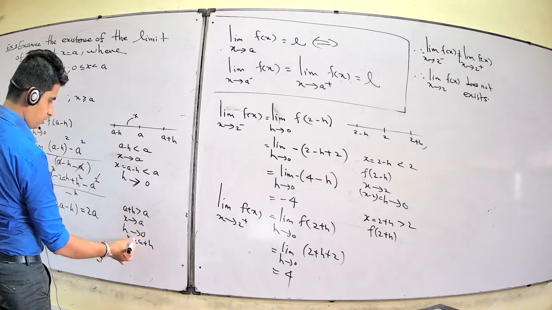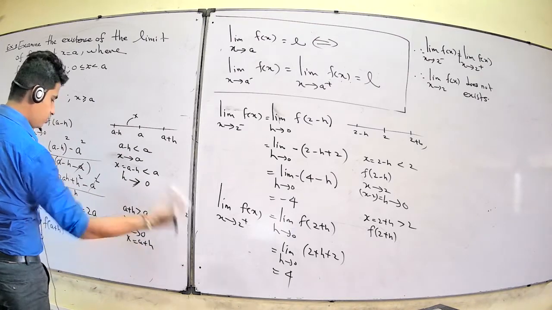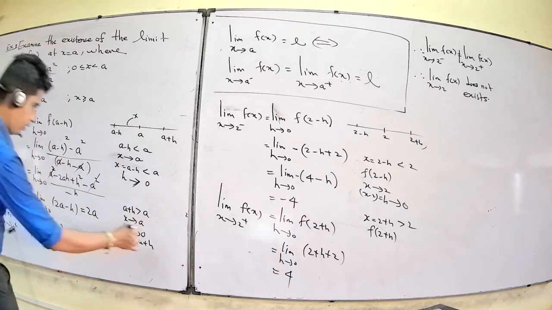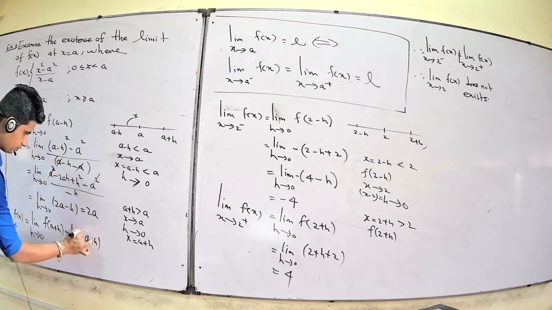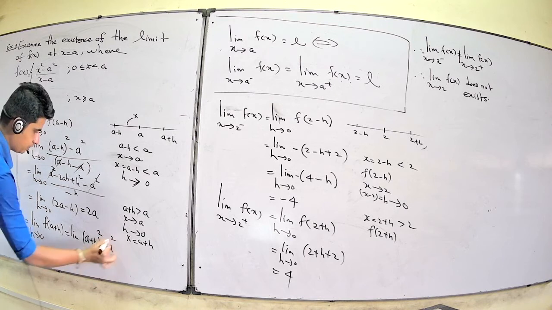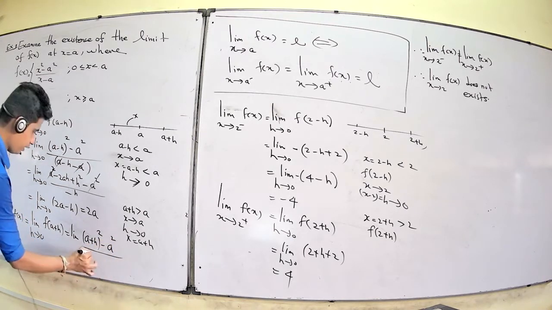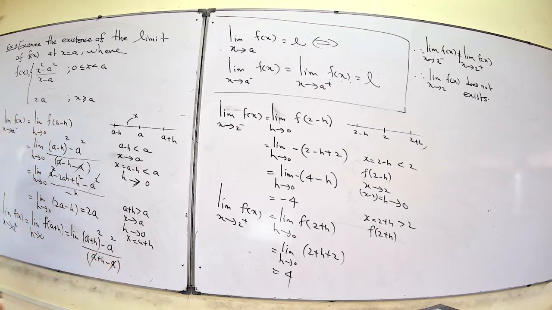Take the limit on both sides: a is cancelled and you get h tends to 0. So the limit of f(a plus h) means you put a plus h in place of x.